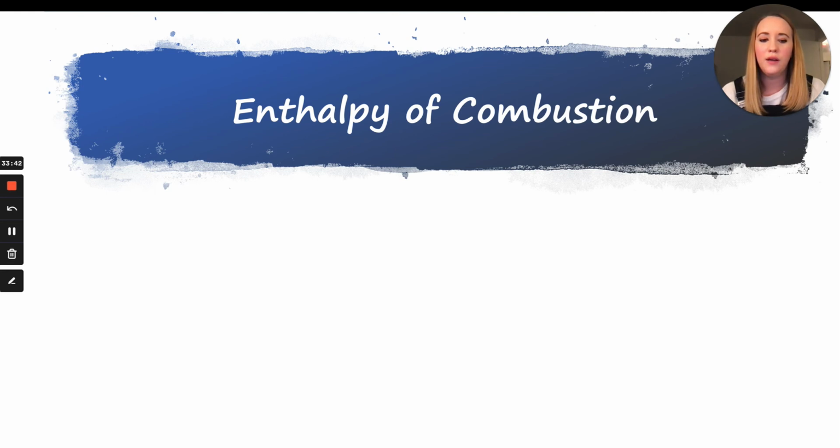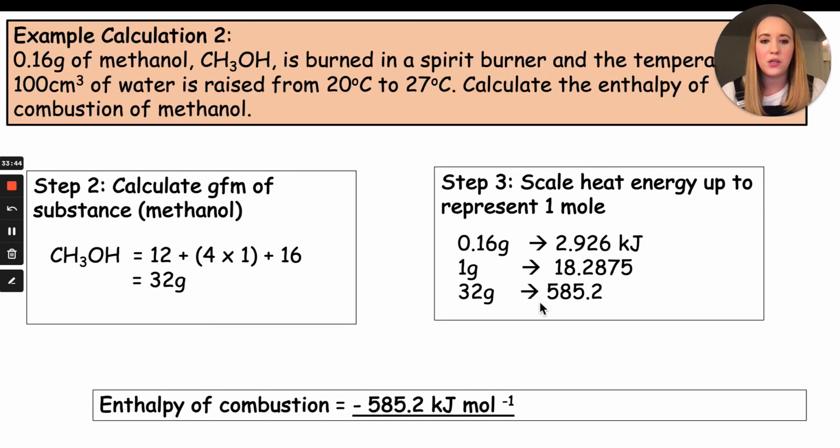So if we were to look at that previous value for the enthalpy of combustion of methanol, it's minus 585.2 kilojoules per mole. That value, if you were to look up the enthalpy of combustion of methanol in your data book, is probably a lot less than what the data book says it should be.